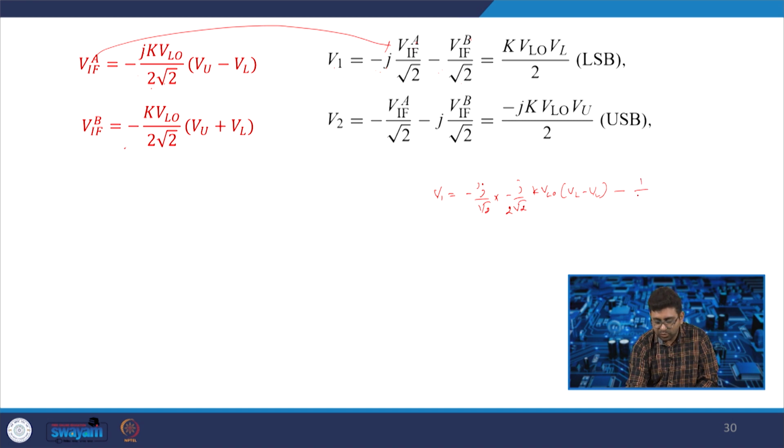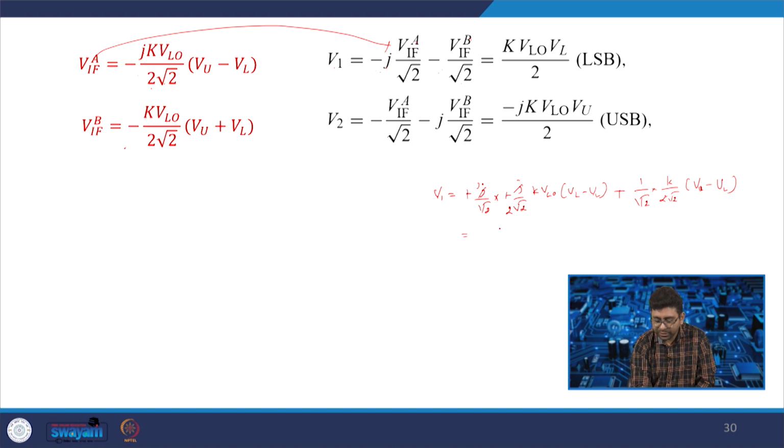So, 1 by root 2. So, this is minus minus plus, we can write 1 by root 2 and k by 2 root 2, same VU minus VL. So, here this j will be cancelled out, this is a plus sign.